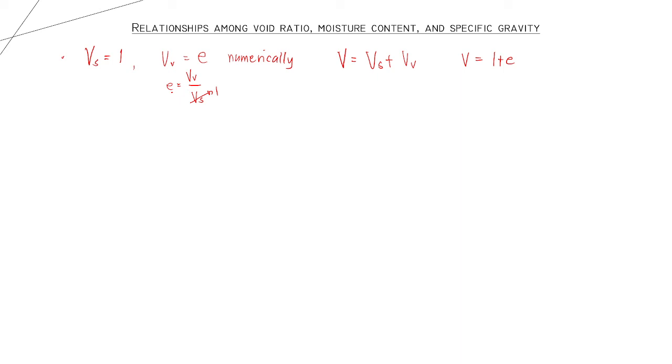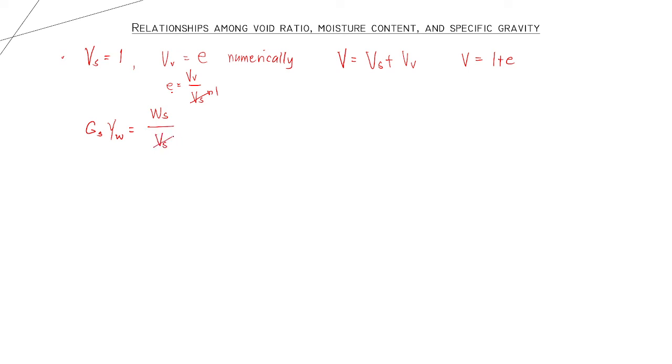Next is let us express the weight of the soil solids and the weight of water in terms of the specific gravity and the unit weight of water. So we know that if we multiply the specific gravity or G sub S of the soil solids and multiply that to the unit weight of water, we can write the weight of soil solids all over the volume of soil solids.